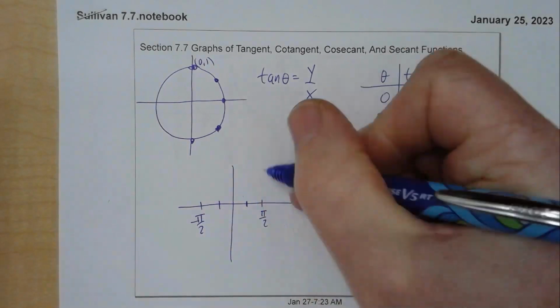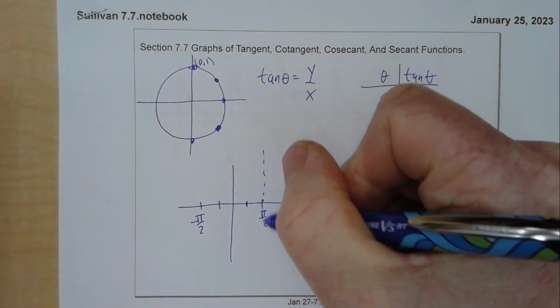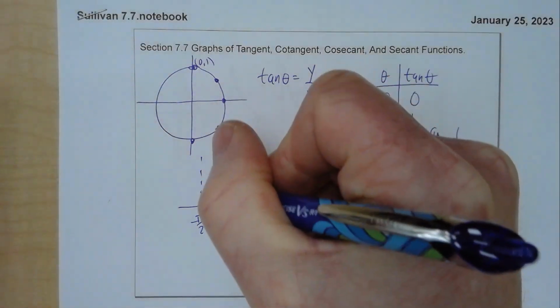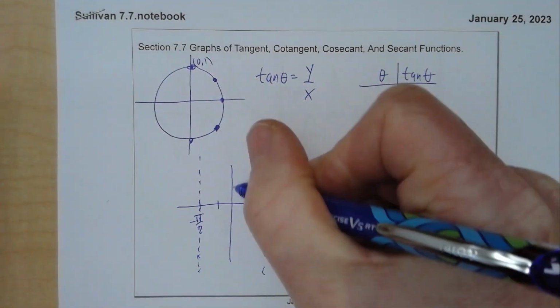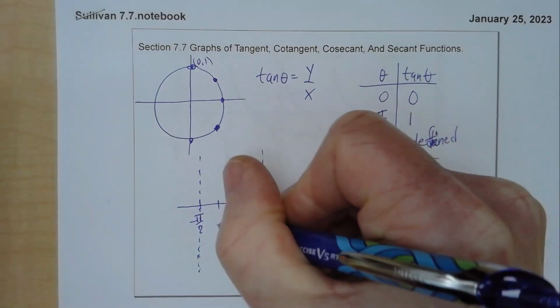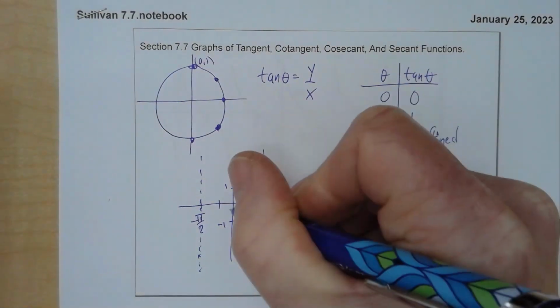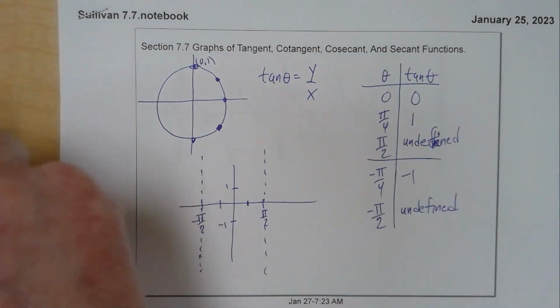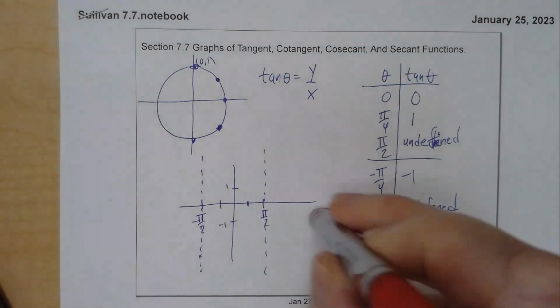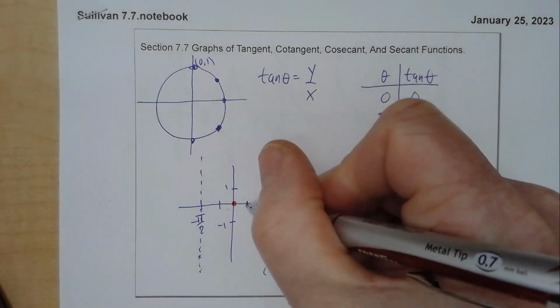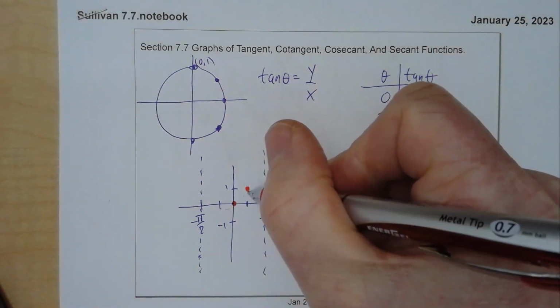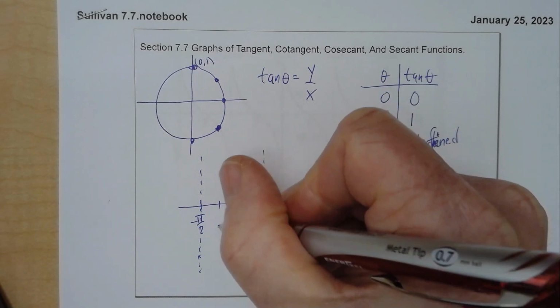In the negative direction, it blows up, so we make these vertical asymptotes. And I'm going to call this 1, and I'm going to call this negative 1. So switching to a different color, I guess I'll do red. So at 0, it's 0. At pi over 4, it's at 1. At negative pi over 4, it's at negative 1.